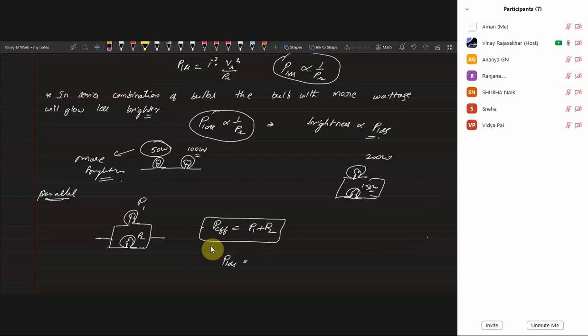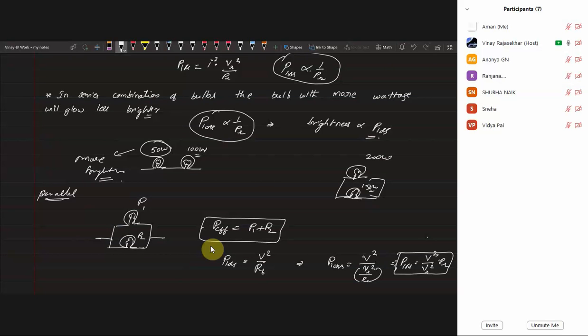In parallel combination, we take power loss as V square by R, where R is the resistance of the bulb. What is the resistance of the bulb formula? Rated potential square by rated power. Then power loss is equal to the battery potential square divided by rated potential square into rated power. This is the formula for power loss.